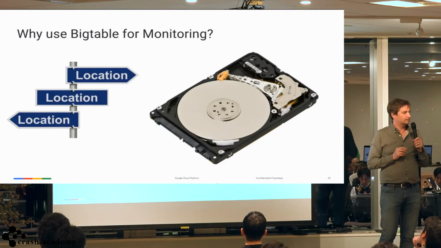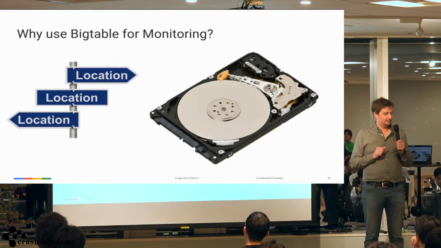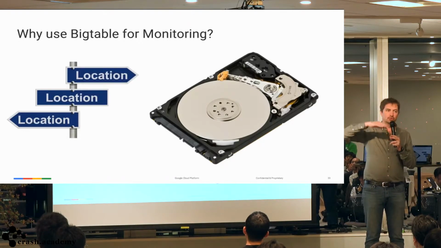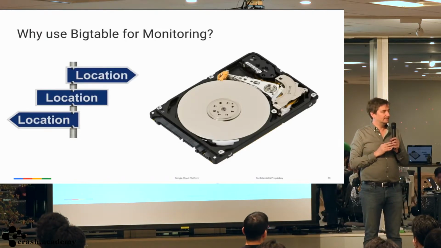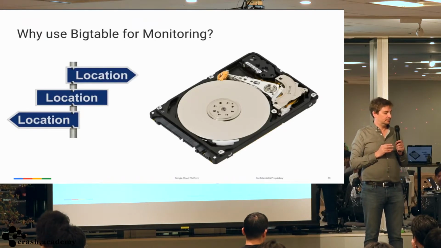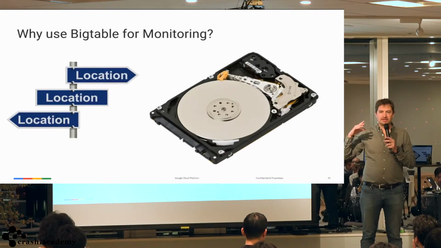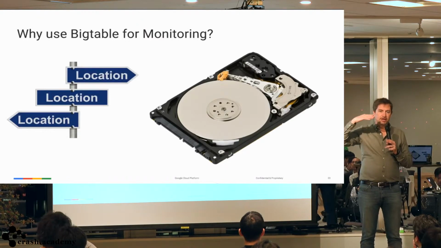I mentioned that you can do scans where you read sequential rows of data. Under the covers, Bigtable stores sequential rows in the same disk blocks.